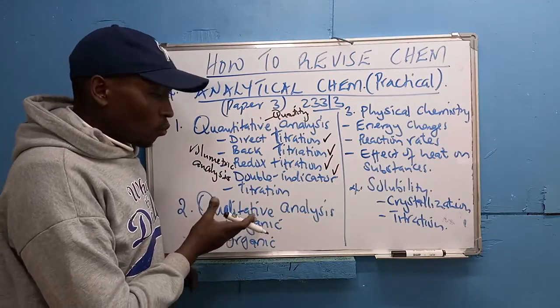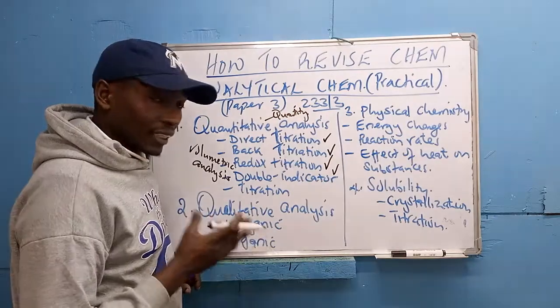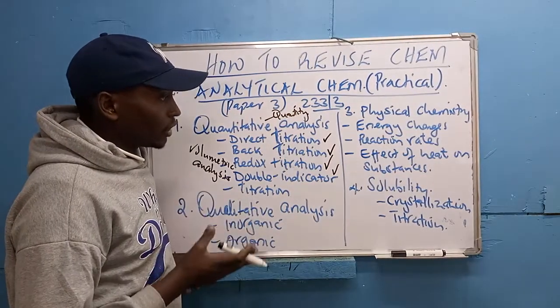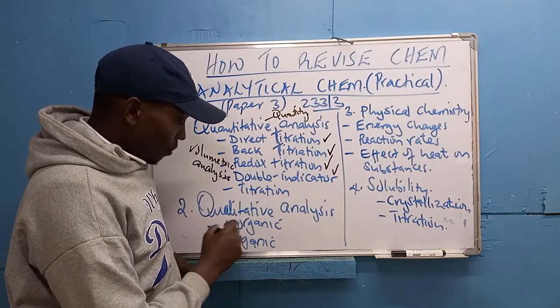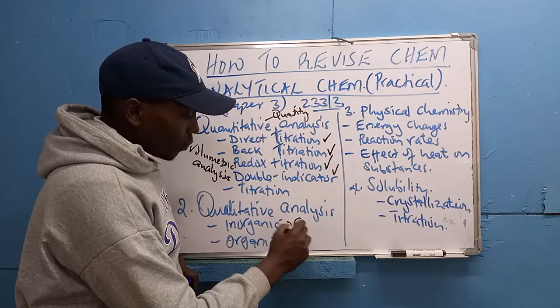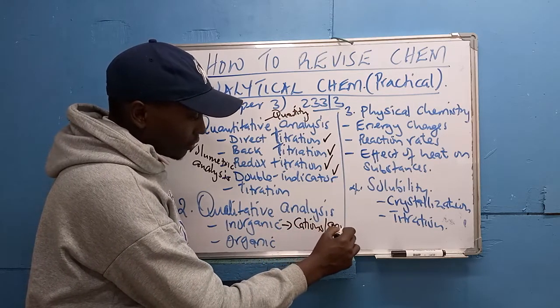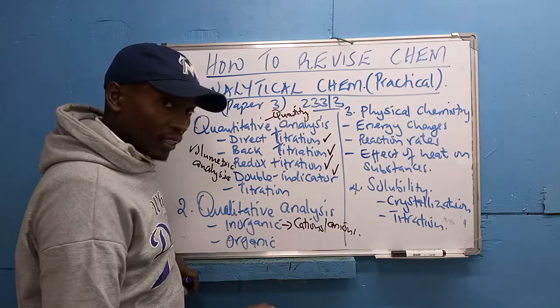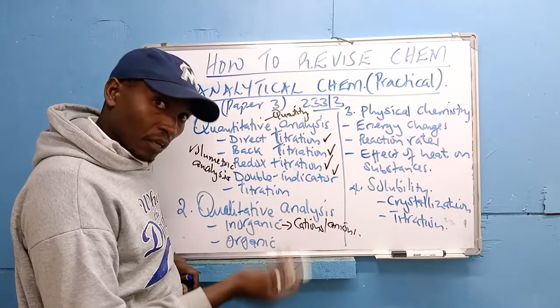Then we have qualitative analysis, trying to establish what exactly is contained in an unknown sample. We can have the qualitative analysis of inorganic, and this is where we try to establish the cations or anions present in a sample, be it using sodium hydroxide.